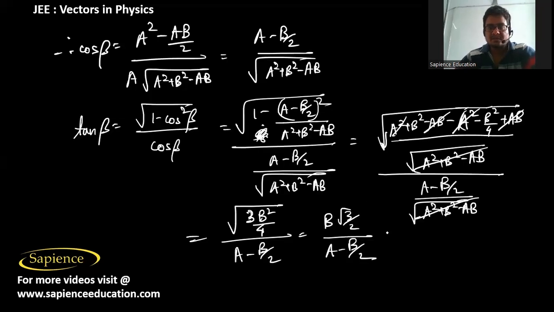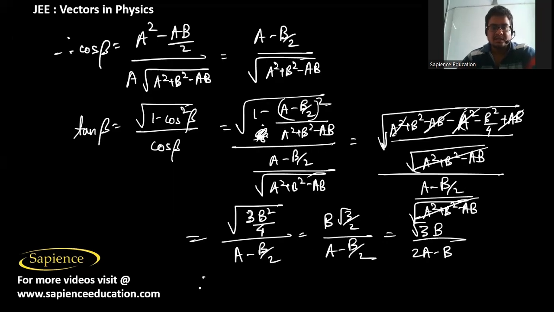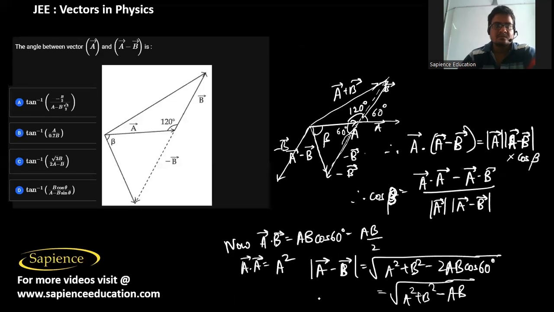Or we can write root 3B by 2A minus B. So therefore, tan beta is root 3B by 2A minus B. So beta will be tan inverse of root 3B by 2A minus B. So option C is the correct answer.